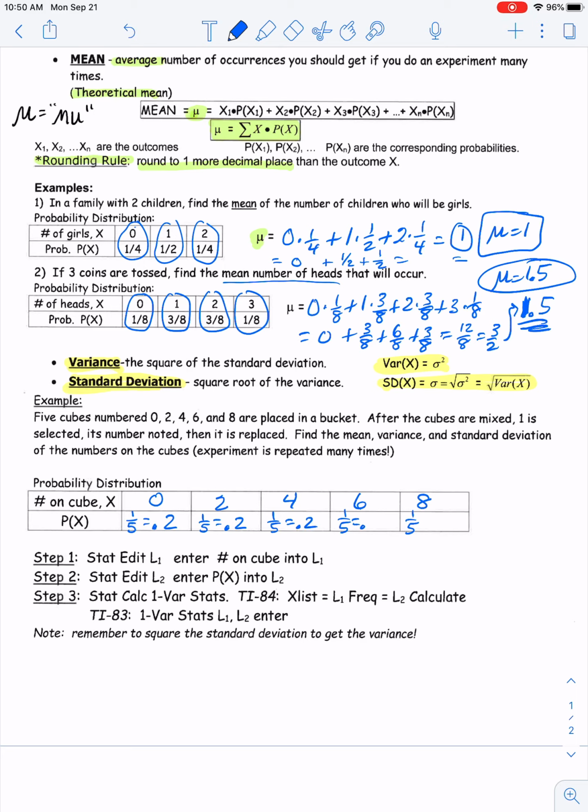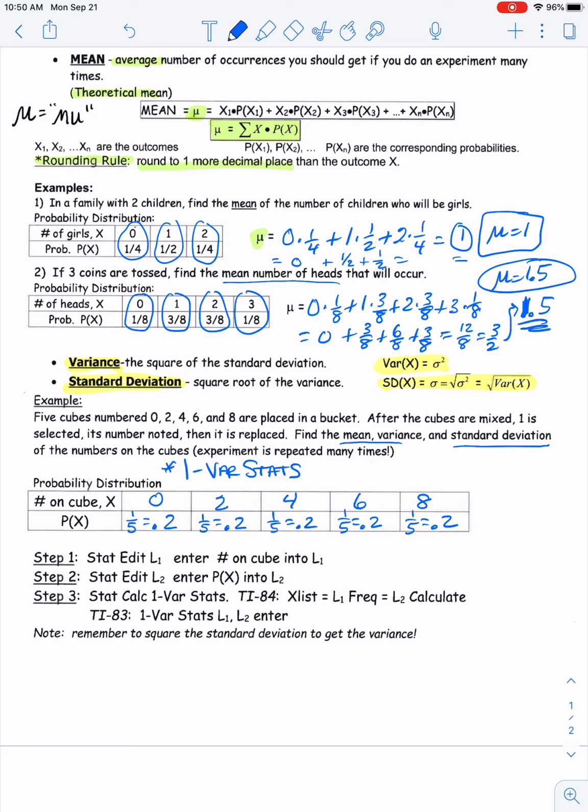All right, so now there's a big formula we can use to calculate the variance and the standard deviation. However, what I would like you to do to find the mean, variance, and the standard deviation is to find on your calculator something called 1-var stats.